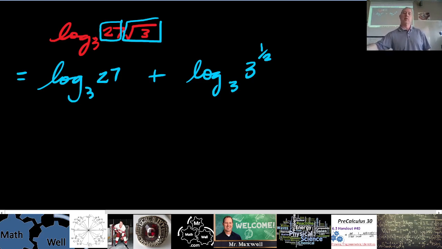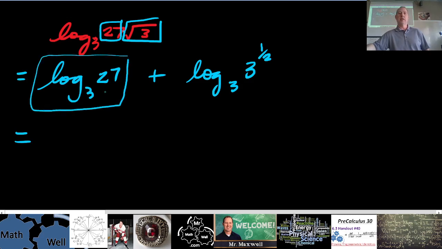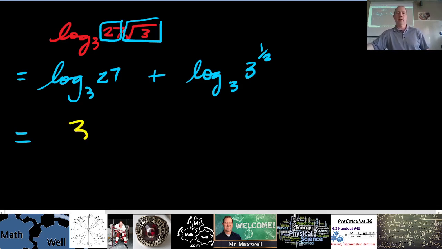Okay, well this helps out a lot because I can simplify this right now. I know the answer to this. That's pretty easy. 3 to the power of what gives me 27? Yeah, it's 3. So this is 3. Now this right here, I could bring this 1/2 down in front, couldn't I?